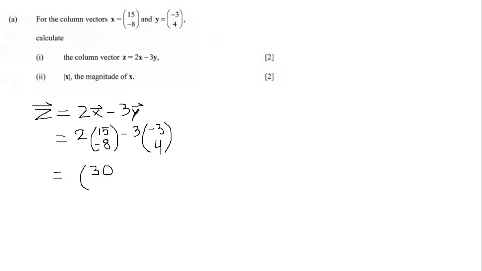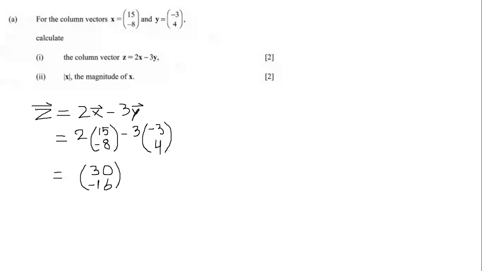Because we have this number out front multiplying the vector, we multiply this number by the entries of the vector. That means 2 times the first number and 2 times the second number. And 2 times -8 is -16.